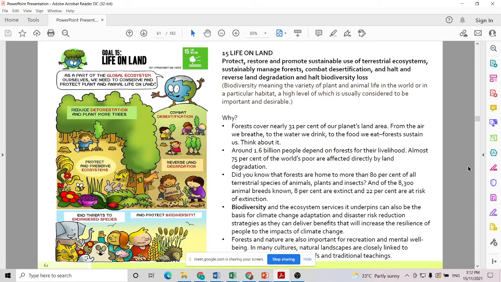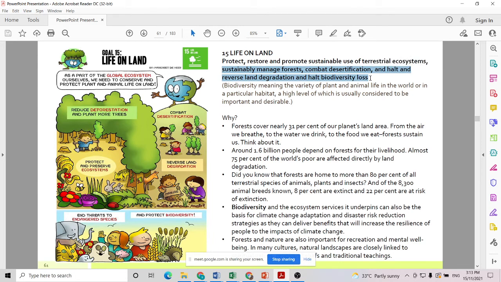Life on land. Alright, so before this we discussed on life in the sea. This is on land. So you need to protect, restore and promote sustainable use of terrestrial ecosystem, and sustainably manage your forests, combat desertification, and halt and reverse land degradation, and halt biodiversity losses.